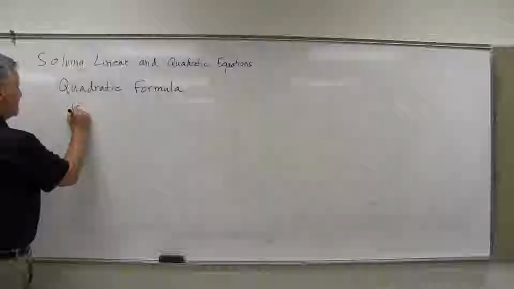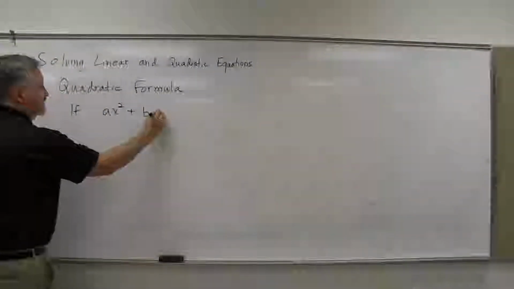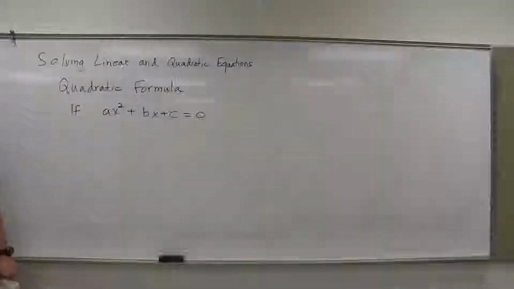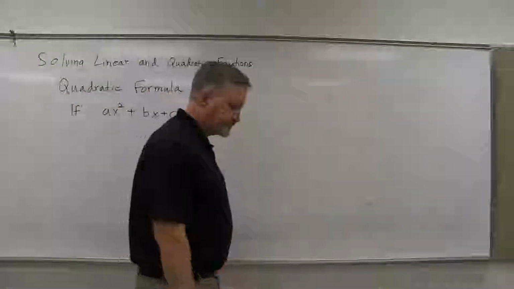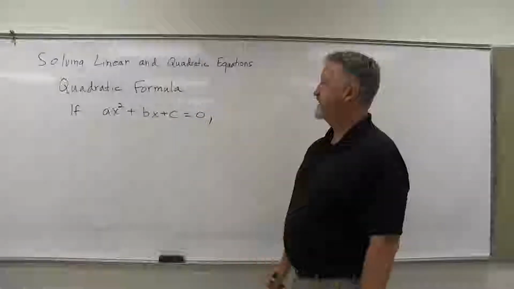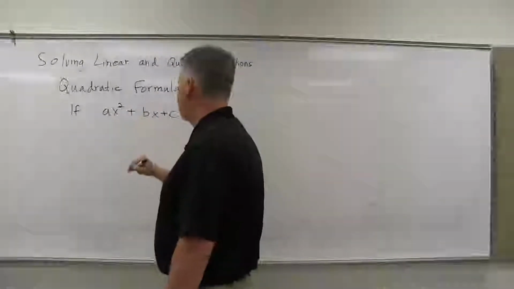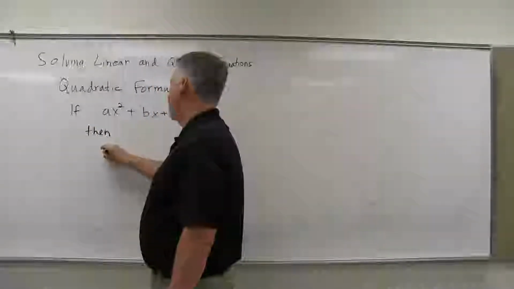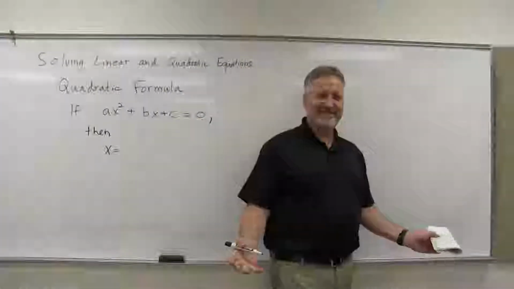Well, if you have an equation ax squared plus bx plus c equals 0, so a, b, and c are playing the role of the coefficients and the constant respectively, and one side equals 0, so a quadratic equation in general, then the solutions are x equals, and so does anybody want to sing it?